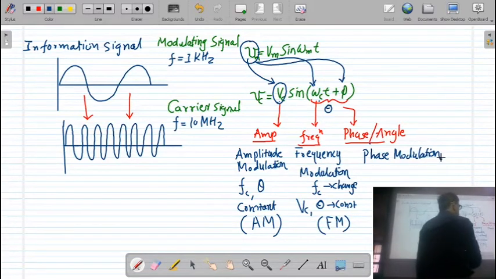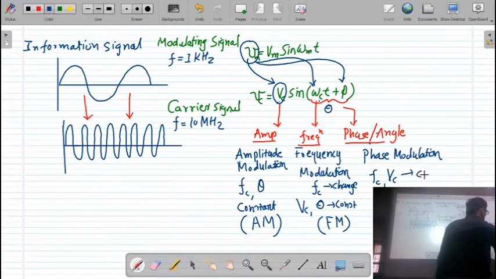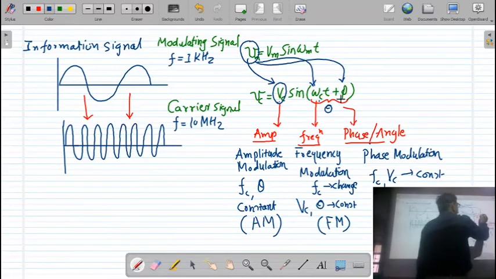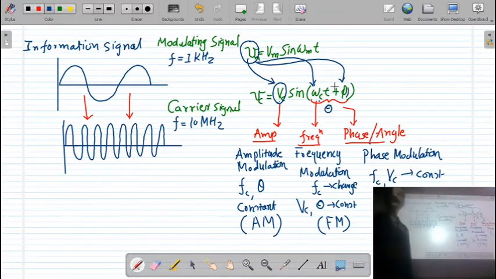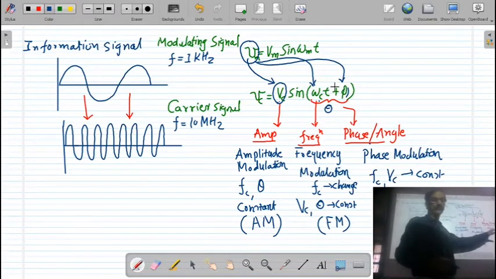In phase modulation, remember Fc and the amplitude of the carrier wave both are going to be constant. So here the phi is going to change. If you change that initial phase, then we call this phase modulation.